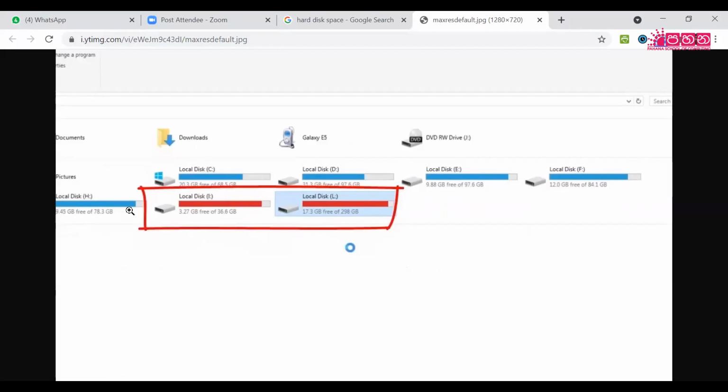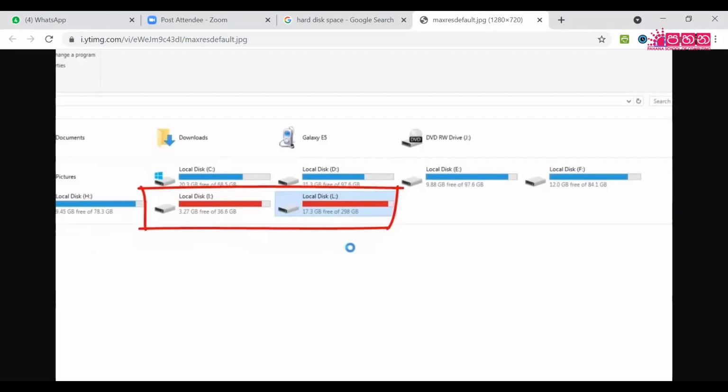If you want to know the exact hard disk space, you have to add everything together. For example, we have about 70 GB here and about 100 here. When you add them up, you will get 170 gigabytes. Likewise, if you have multiple partitions, when you say the hard disk space, you have to add them up and tell me the final answer.